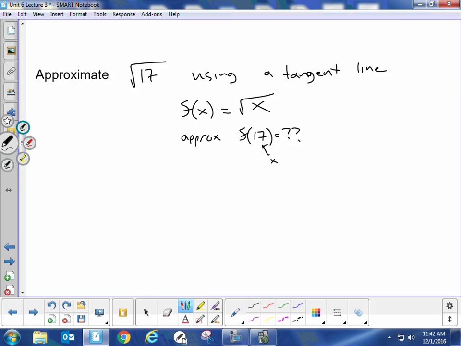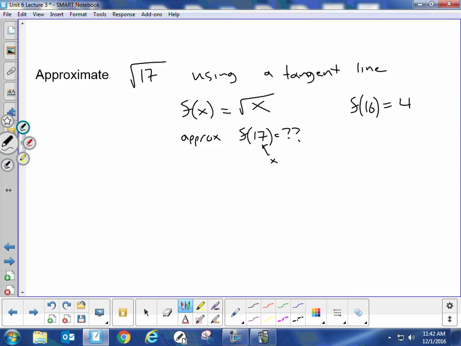Okay? But I need a tangent line, which means I need to center at a point that I can find. What would be a point that I could use that is easy to work with on the graph of the square root of x? 16 and 4, exactly. So I will use the fact that f of 16 is 4. And I have my point that is going between my tangent line and my function.